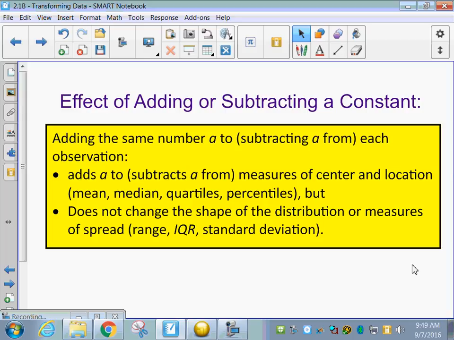It also doesn't change the range, right? Our high minus our low would be that same number. Now it changed our actual max and our actual min, but it doesn't change the range or the IQR or the standard deviation. So adding and subtracting changes everything but the shape and spread.